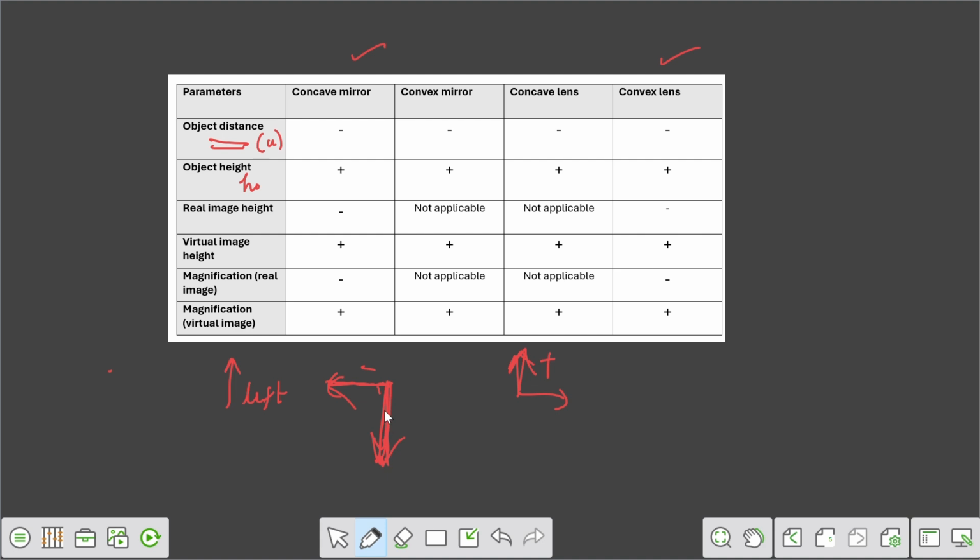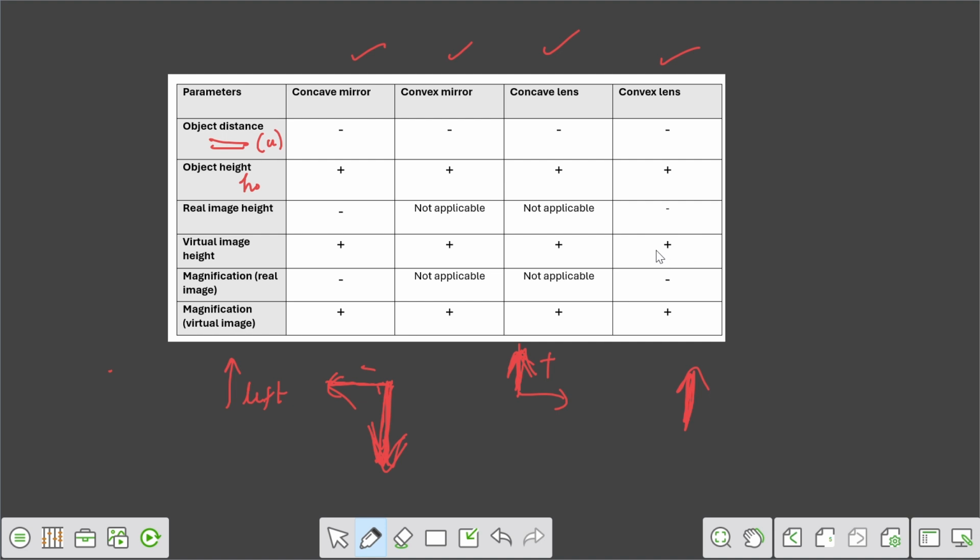Real images are always below the axis, so inverted L. Now what about virtual image height? Virtual images are always above the axis, so above the axis plus. And virtual image, all four will give you virtual images. So all plus.